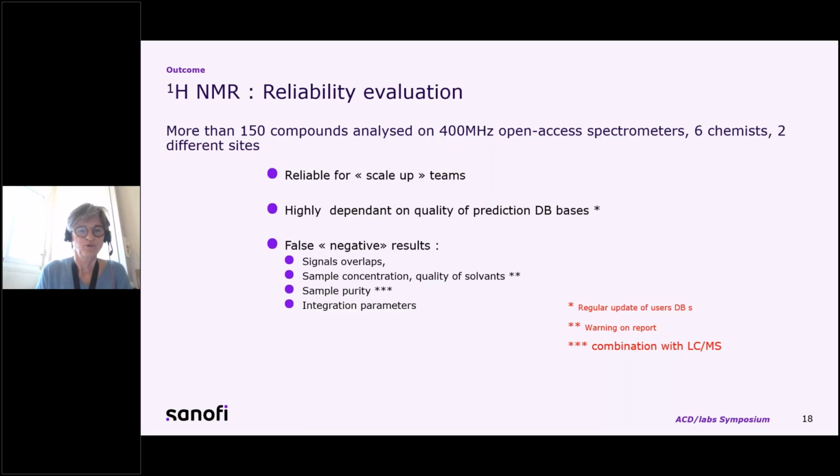We have also false negative results if the sample is not pure, but it's not really an issue because if the sample is not pure, the chemist has to purify it again. And we have also false negative results regarding integration parameters. At this time, we are working with ACD Labs to improve these items.